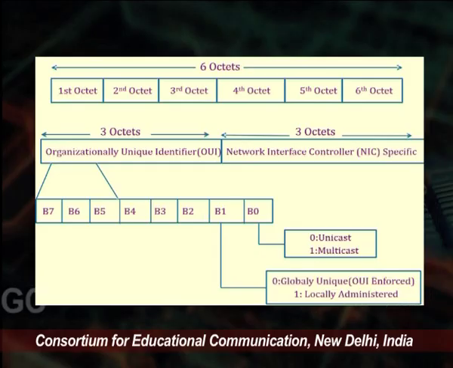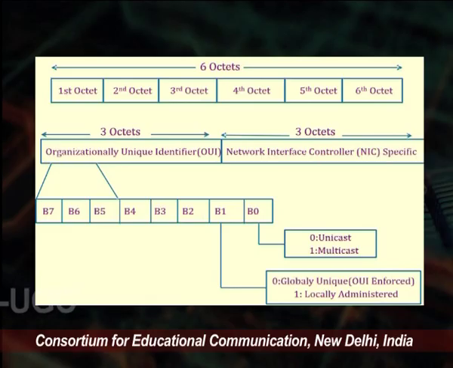So, here in the OUI, which is the organizationally unique identifier, there are bits starting from B7, B6 down to B0. B0 is a significant bit, in which 0 represents unicast and 1 represents multicast, while B1 is globally unique, which is OUI enforced.